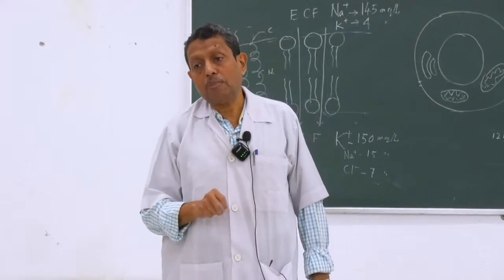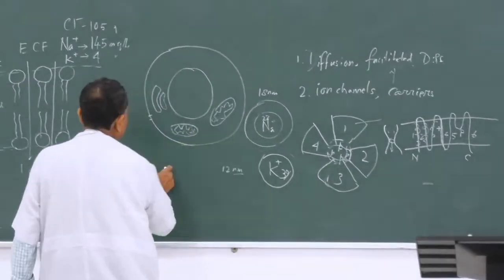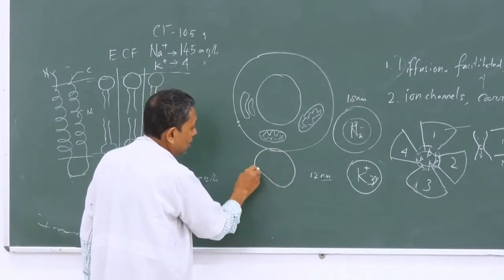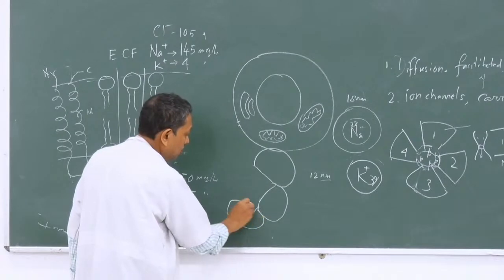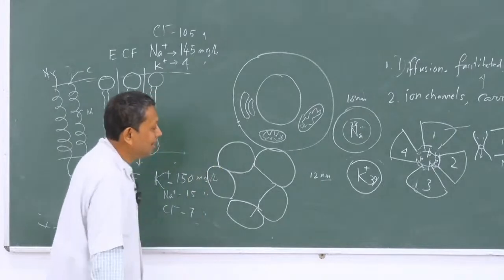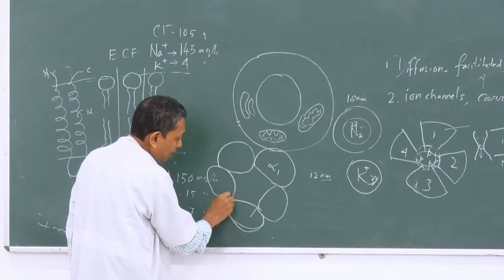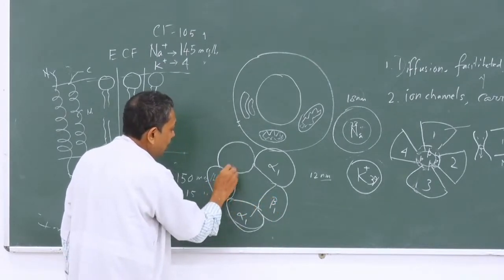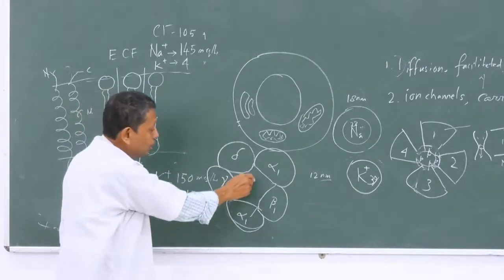It is composed of 5 subunits, which come together to form this. Suppose there is alpha 1 and another alpha 1, then beta 1, gamma, and delta or epsilon in some cases, and they form this.